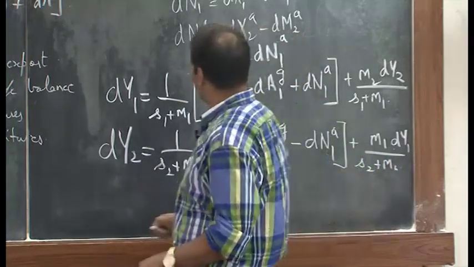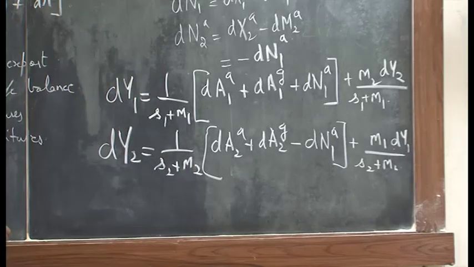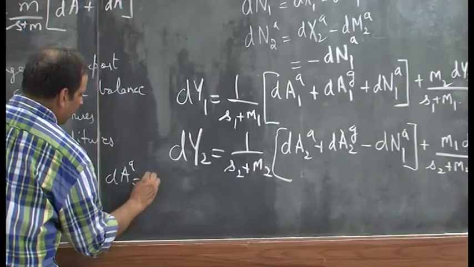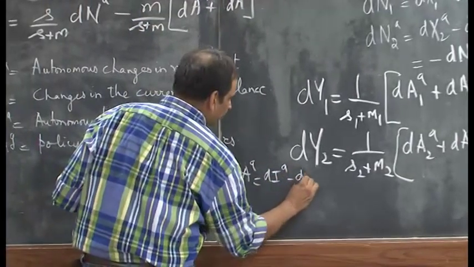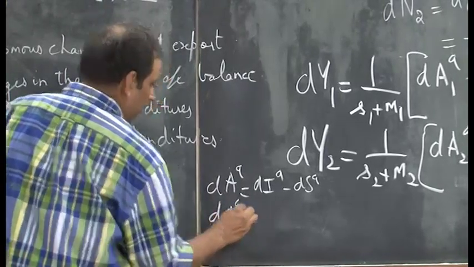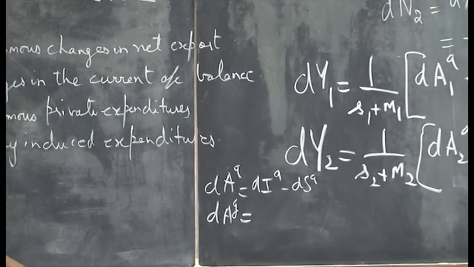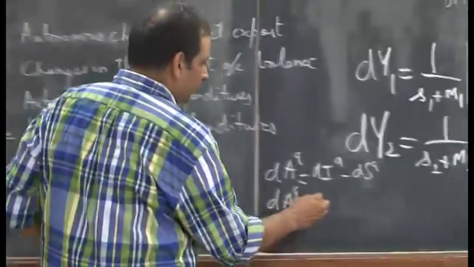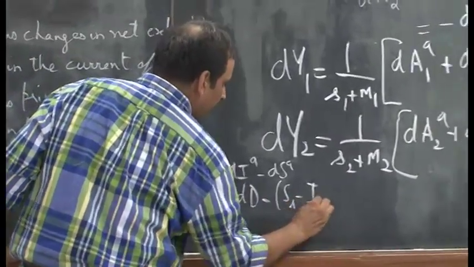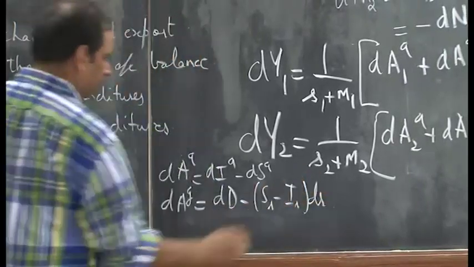Please recall that your dA2A or dAA is dIA minus dSA, and dAG, which reflects the fiscal and the monetary policy of the government, is dd minus SR minus IR dr.